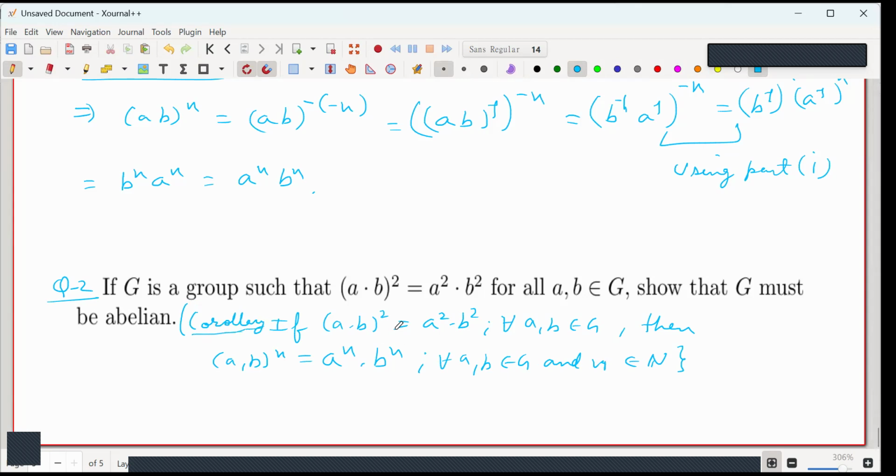So as a corollary, this says that if you have this relation for n equal to 2, then you will have it for any n, which is a very nice statement, right? Now, you just need to show that G is abelian. You will get this statement as a bonus. Can you tell me the proof? The proof is very easy.